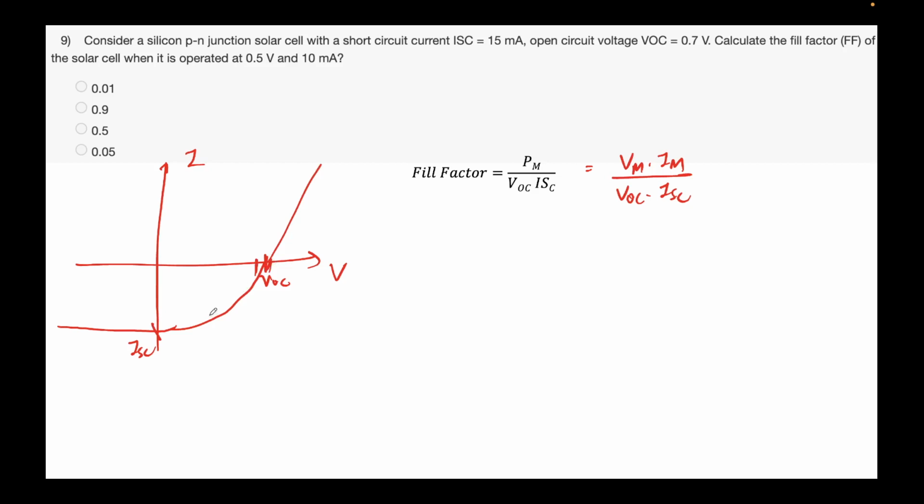This is VOC, and VOC is given as 0.7, and so we are operating at somewhere here. This is the operation point. So I'm writing this coordinate VM comma IM.